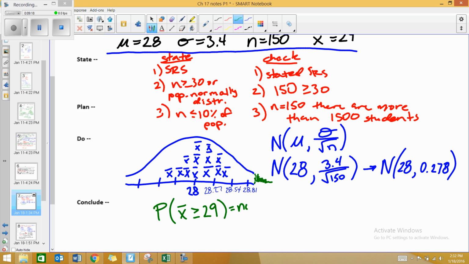Okay, and to find out just how small it is, we're going to use normal CDF. Our lower bound will be 29, that's where we wanted to start adding. And we're going to extend it on and on and on. And the center, the mean for this distribution is 28 with a standard deviation of 0.278.